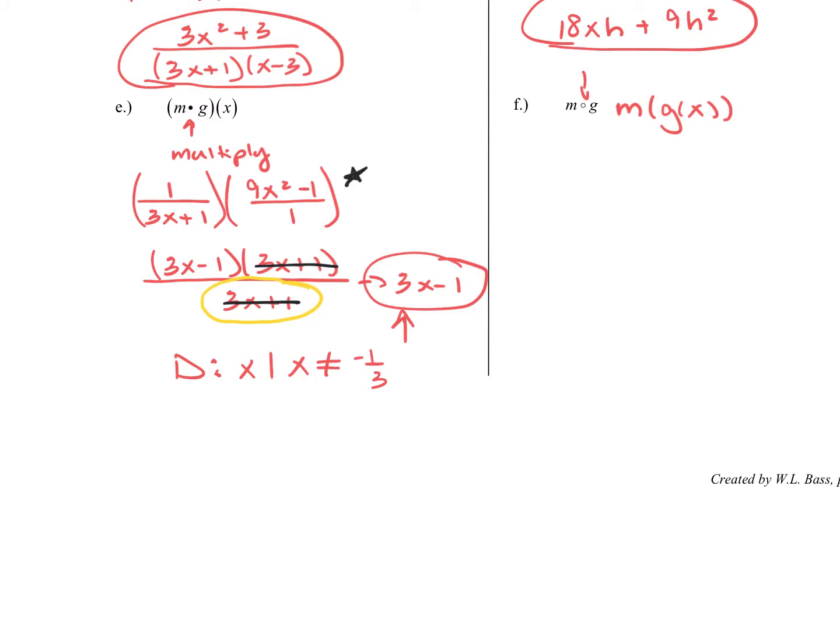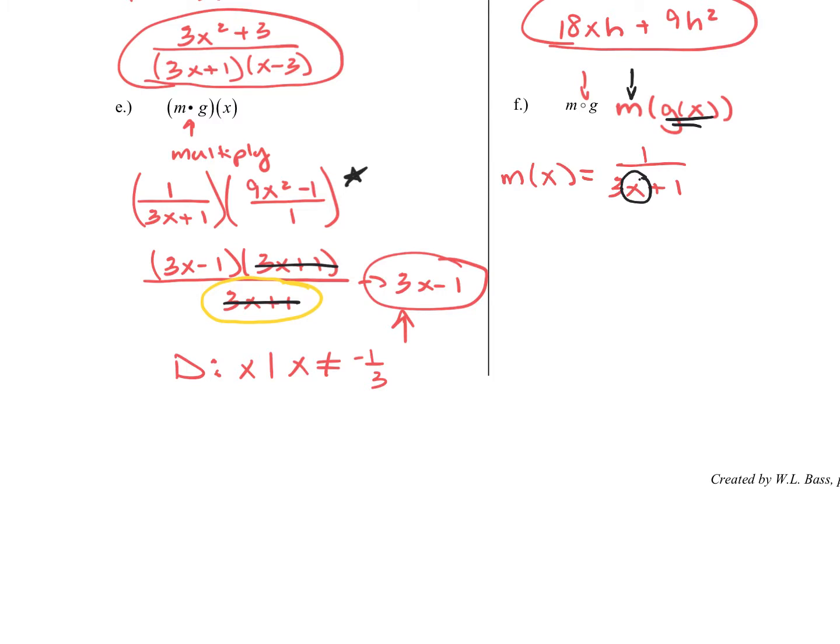Now, on our function composition, we're going to take a look at that one, and that means that we're going to start with this outer function first. I like to always write the outer function. Our outer function in this case is m of x, and m of x in this case was our 1/3x plus 1. And now what we want to do is replace the x in this with the g of x function.